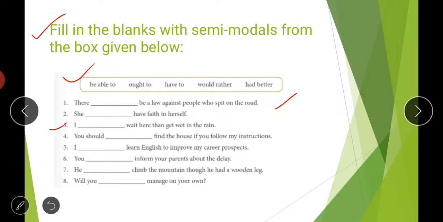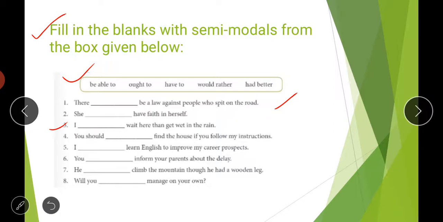Third one. Then fourth is, you should dash find the house if you follow my instruction. You will be able to find the house if you follow my instruction. Be able to, आप capable हो जाओगे, then you will have this ability. So yes, to express the ability here in the fourth one, you will write the words be able to.